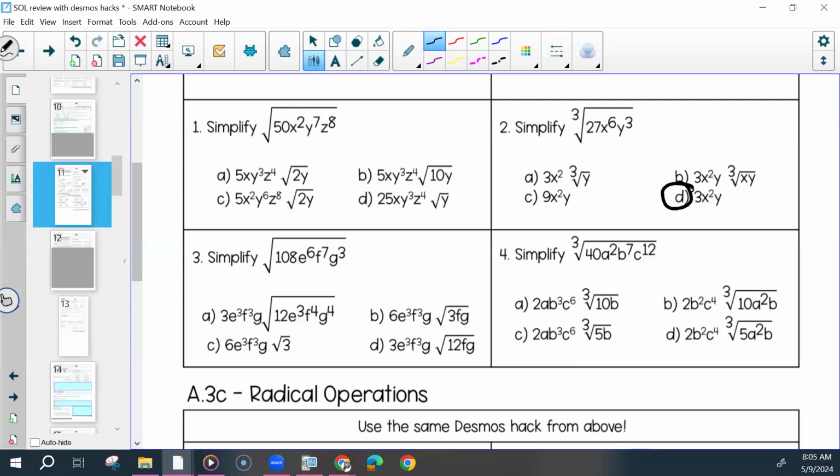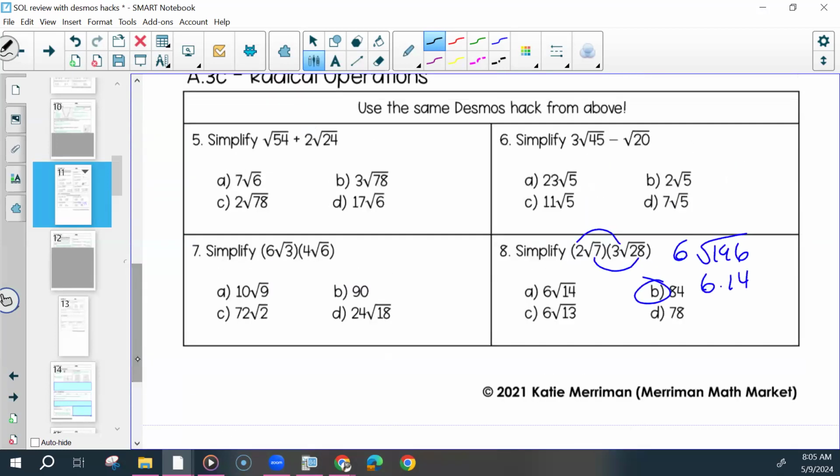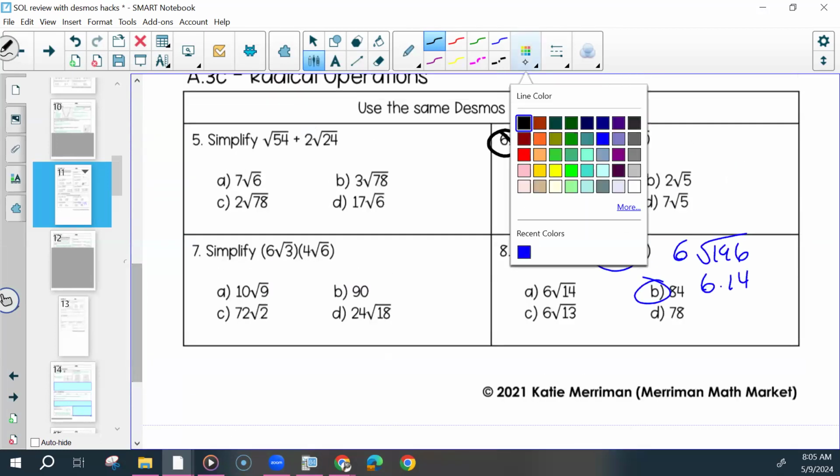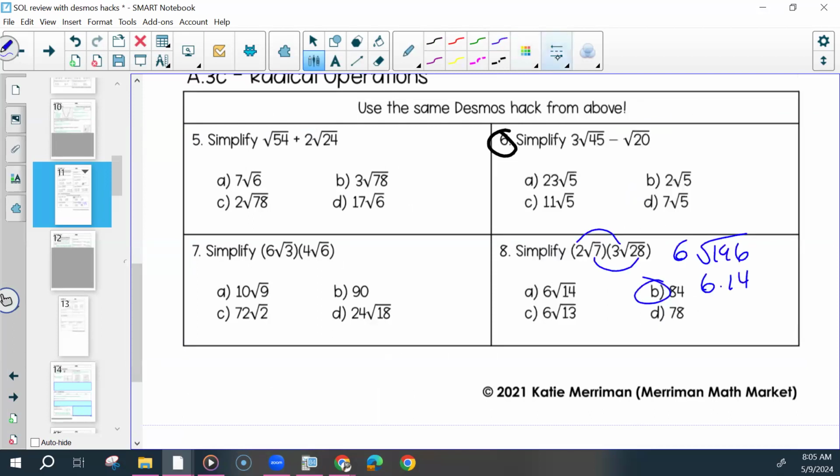See, number 6, the same page. So this is another one, we can just check the decimals, see if they match.